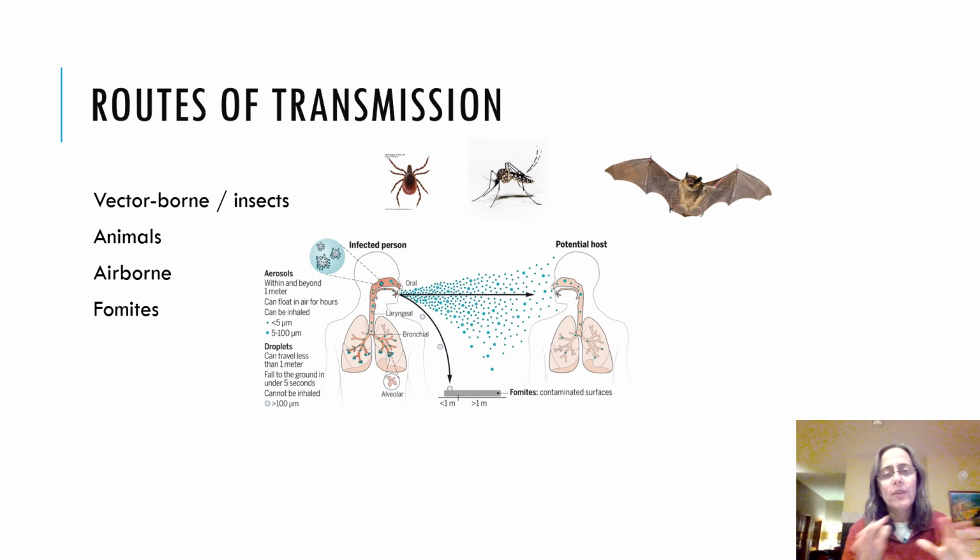So within that category of airborne, there's kind of two subdivisions, whether they're aerosols or droplets, and COVID tends to do a little bit of both, but more droplets than aerosols. But anyway, and then fomites. So that's a really funny word. Fomites basically mean an inanimate object. So a contaminated surface.